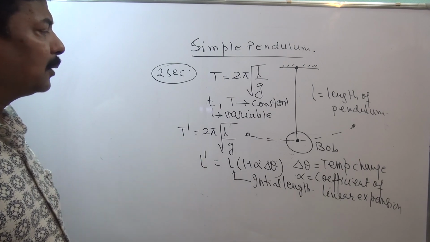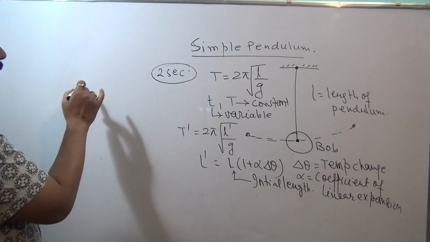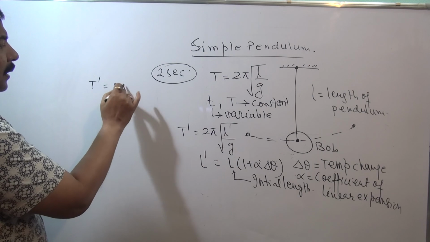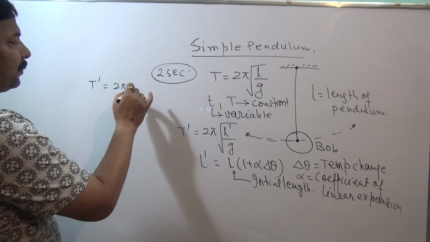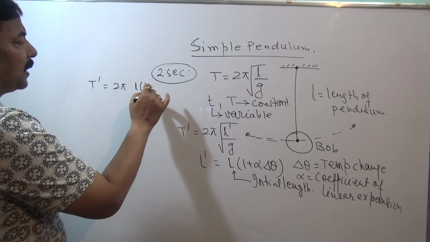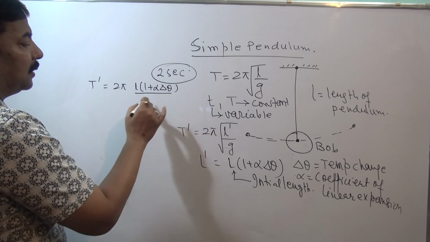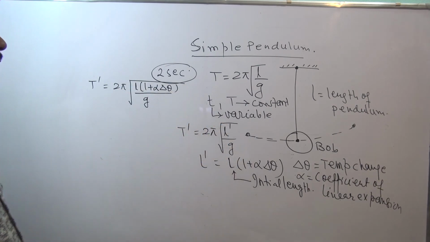Now what I would like to tell you is that in T dash equal to 2 pi, I am putting the value of L dash. So what is this? Root of L into 1 plus alpha delta theta by g. This value we are getting.